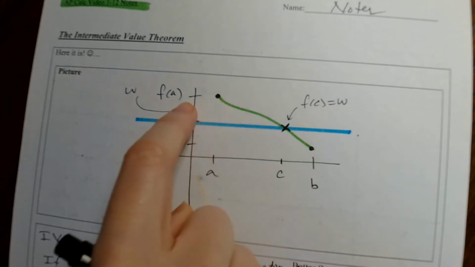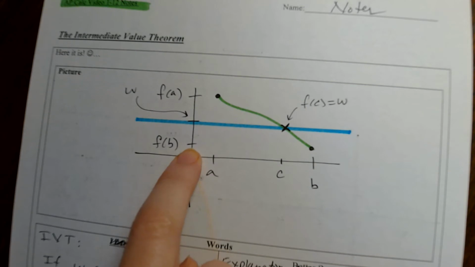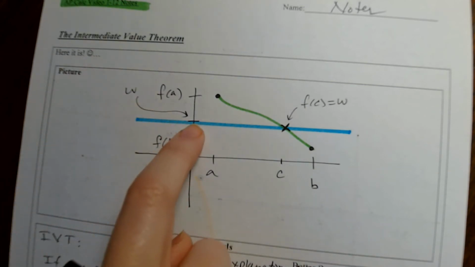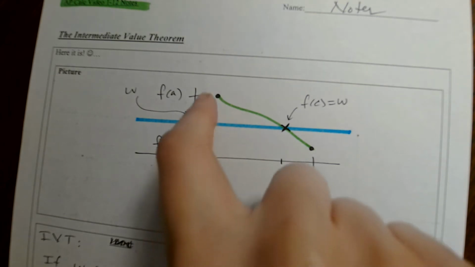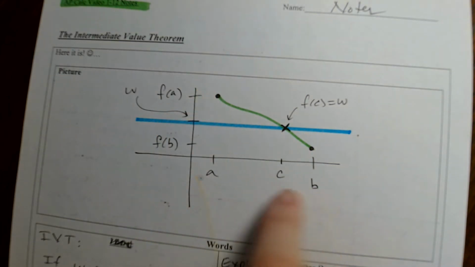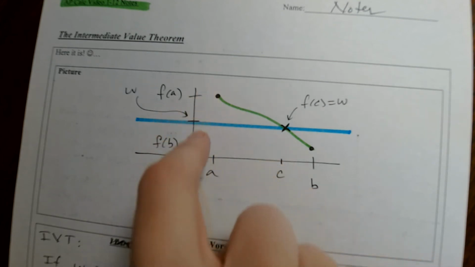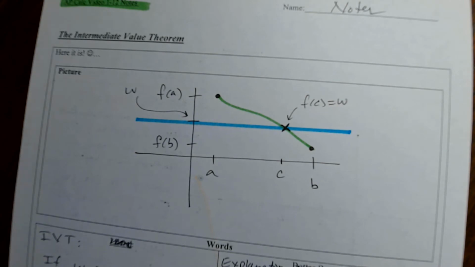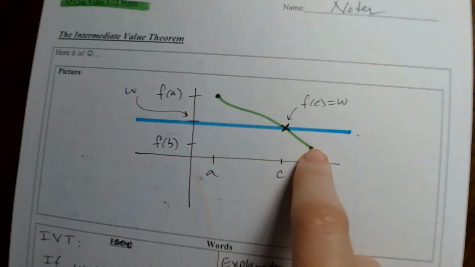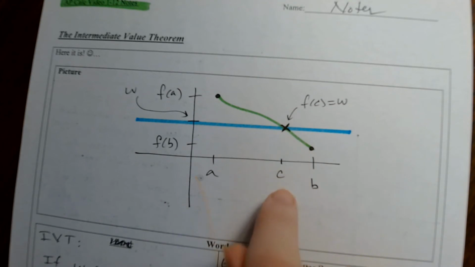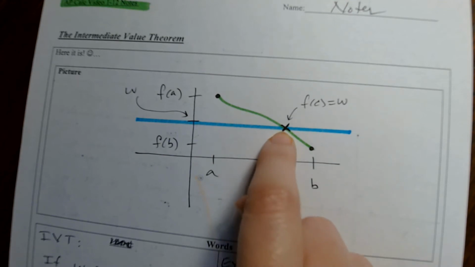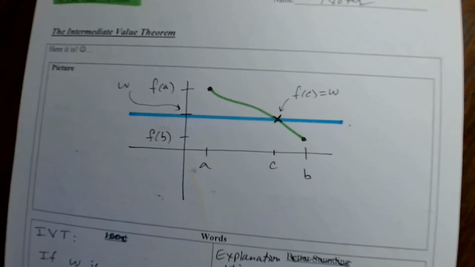So there's f of A, there's f of B. As long as we have a value W, here's the y value W, as long as this y value W is between f of A and f of B, so that's condition one, and f is continuous, so there's no breaks, f is continuous on this interval A to B, including A and B, so closed, then there has to be this value C between A and B for which f of C equals W. All right, so that's what it looks like as a picture.